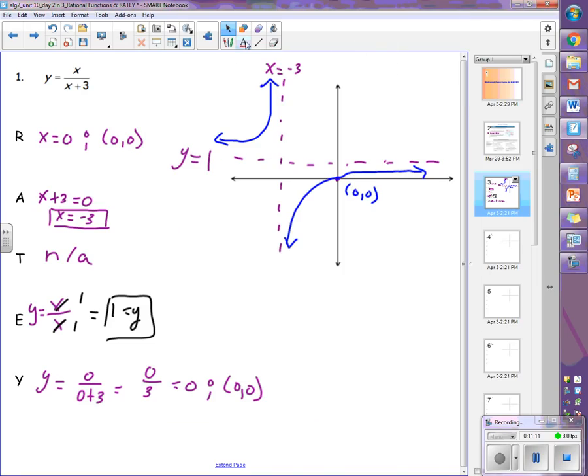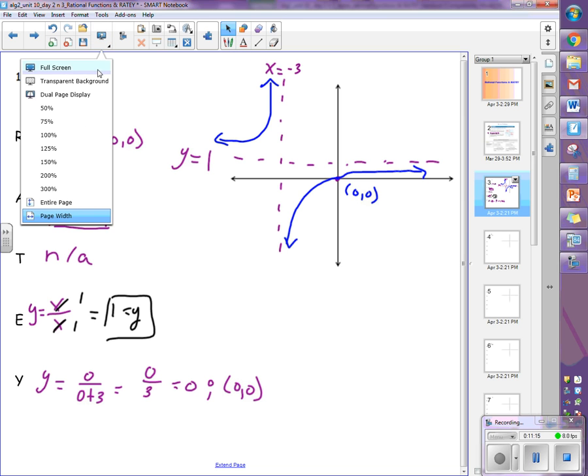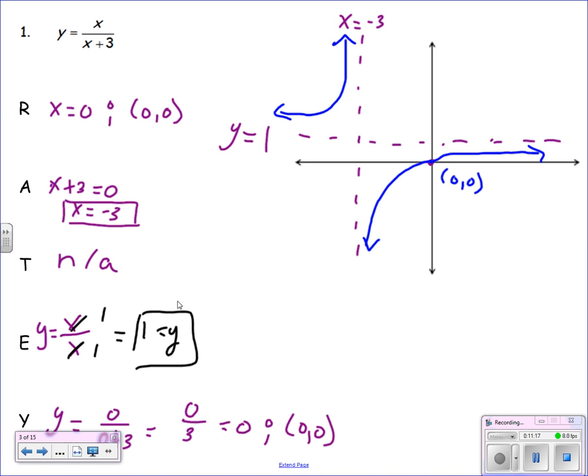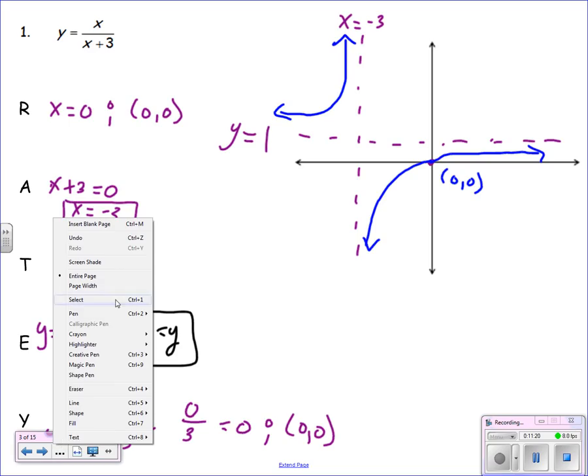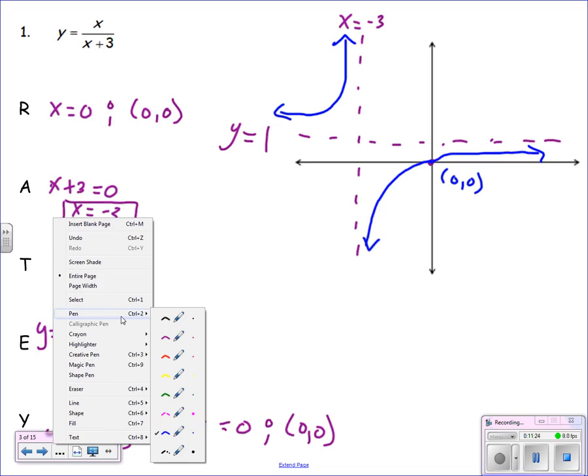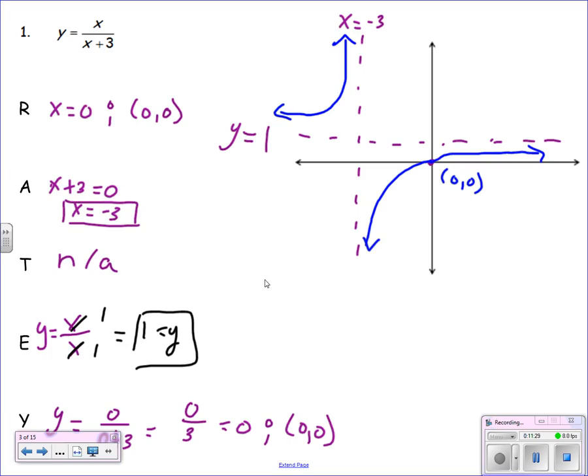Now let's talk about the domain of this particular graph. So when we talk about the domain, as we read from left to right, whatever number represents our vertical asymptotes, we have to use those in the domain. So we always start at negative infinity. And then as we go from negative infinity, we approach negative 3, but don't touch it, remember?